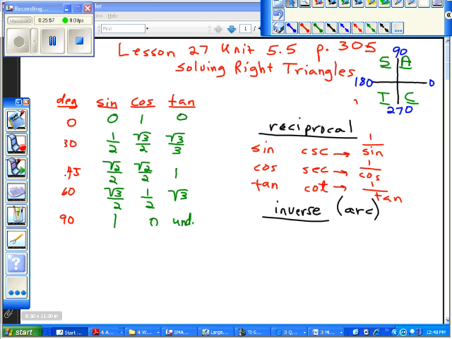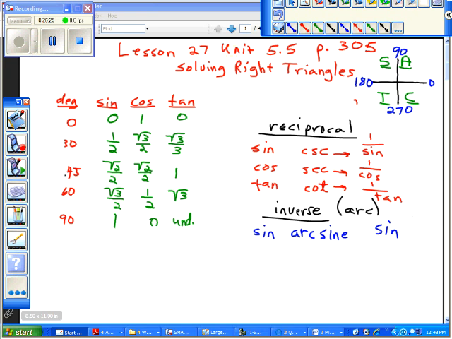Let's do one other thing first. Let's talk about inverse or arc functions. The inverse of sine is arc sine. And what it looks like on the graphing calculator is that, and that's how you write it. It's raised to the -1 power.